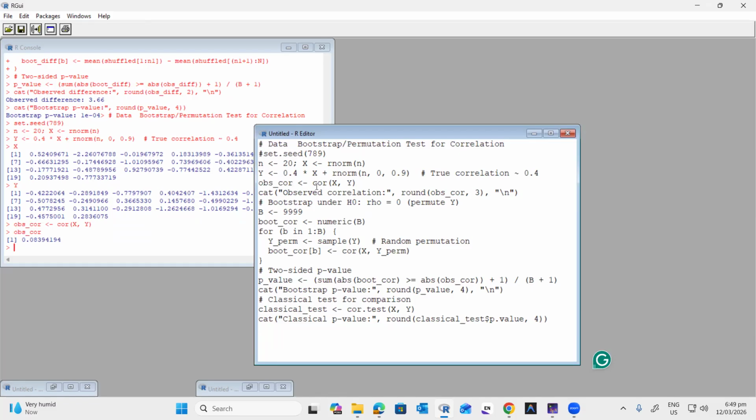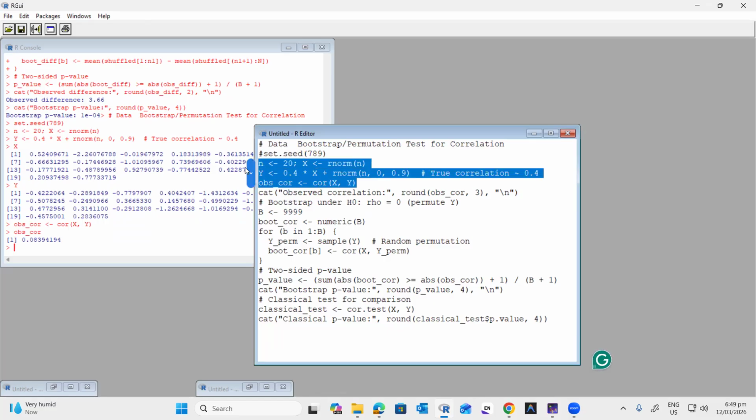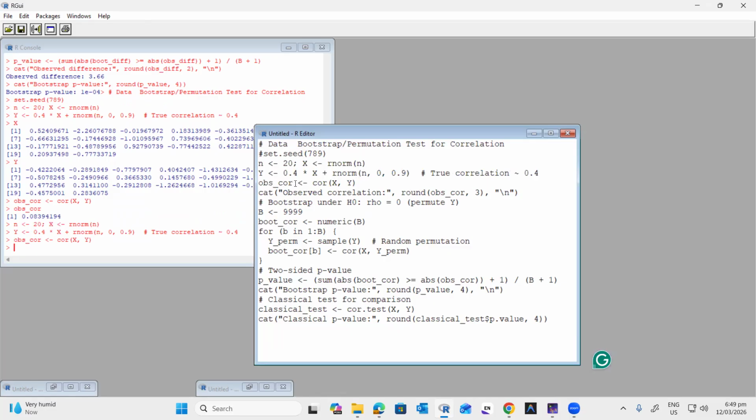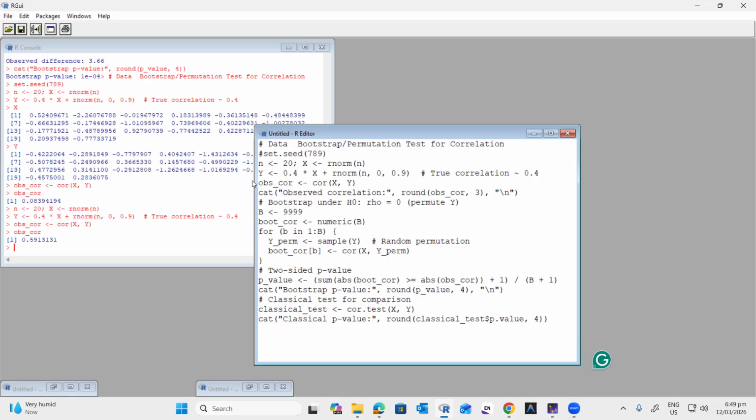It will change again and again as the sample changes. If I want to generate it again, I will check it again. It will change every single time my observations change. As the observations of x change and this random error changes accordingly, the correlation will change every single time, because this is a simulation study.